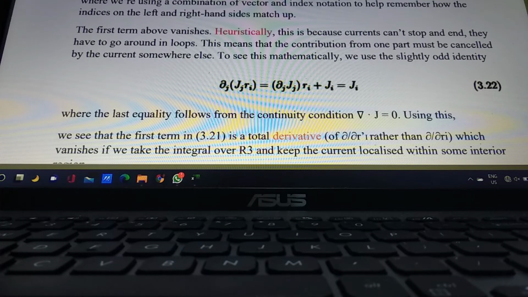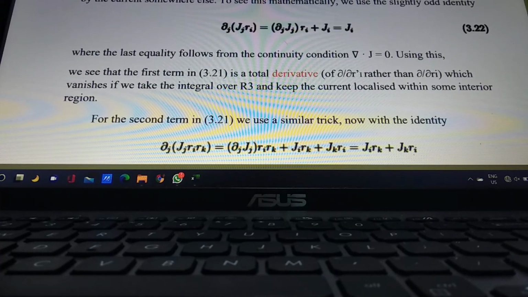∂_j(J_j r_i) equal to (∂_j J_j) r_i plus J_j δ_ij equal to J_i, where the last equality follows from the continuity condition ∇·J equal to 0.